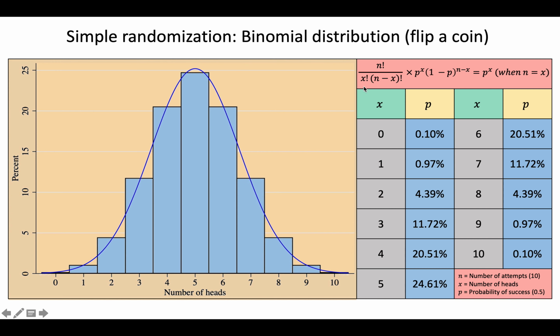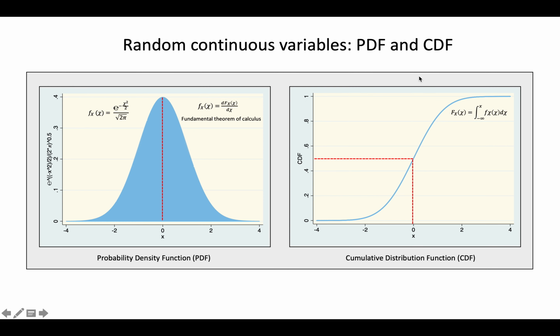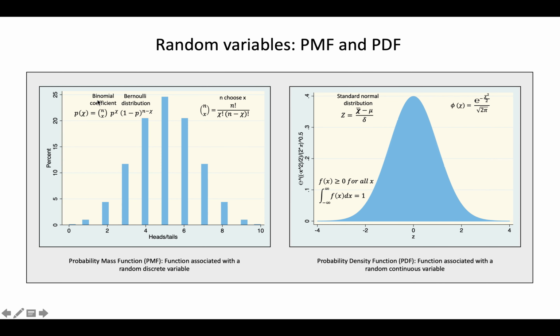And this is again the binomial coefficient, and this is the actual binomial distribution I use, as I explained to you here. So there is a binomial coefficient, which is represented by this notation, n choose x, and the n choose x is exactly this one, where n is the number of trials, x is the number of successes, and this notation here is the factorial.